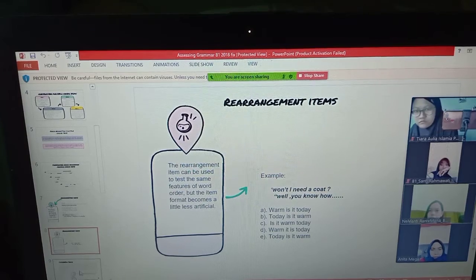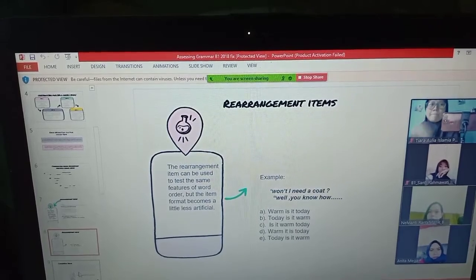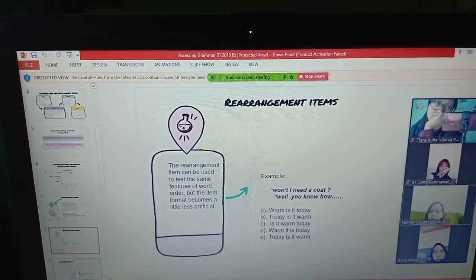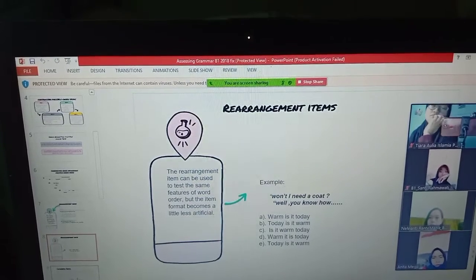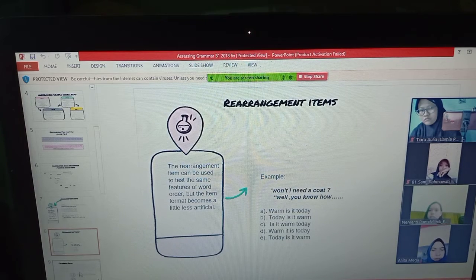Dan kita bisa lihat kata warm di sini adalah hangat. Jadi antara dua kemungkinan ya di sini. Sesungguhnya sih kalau diartikan semuanya itu sama, tapi di sini yang lebih tepatnya yaitu warm it is today, karena it is itu digunakan untuk melengkapi pernyataan ya, sedangkan opsi lain menggunakan is it hanya untuk dipakai untuk sebuah kalimat pertanyaan.